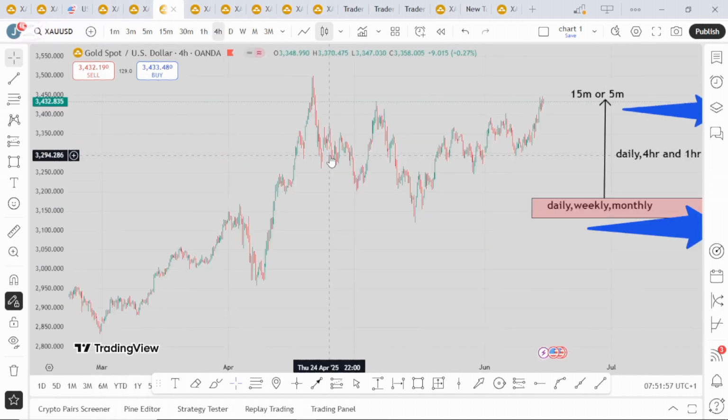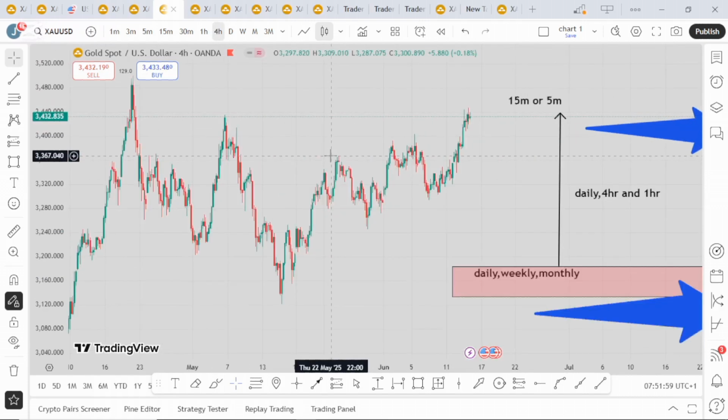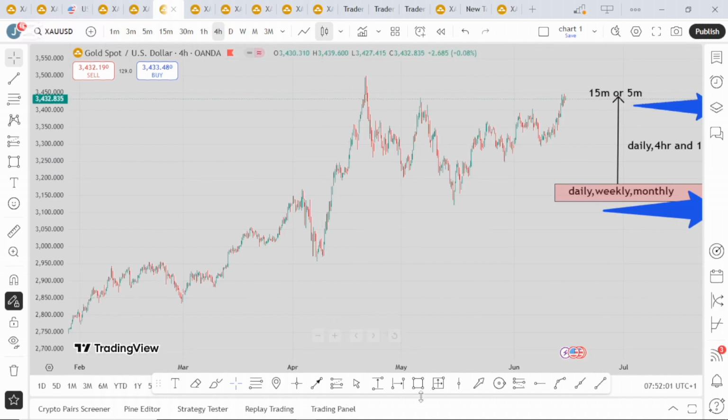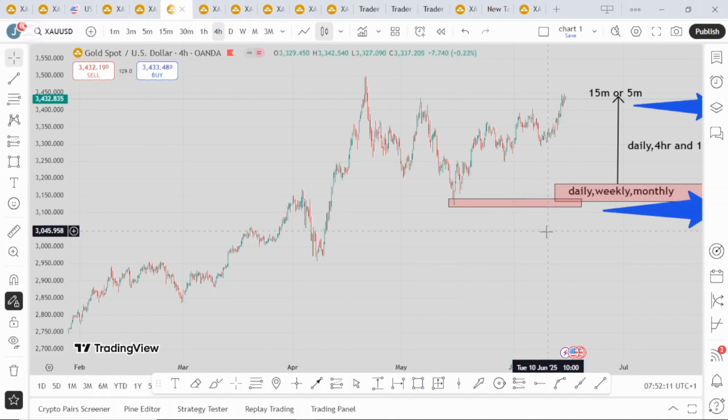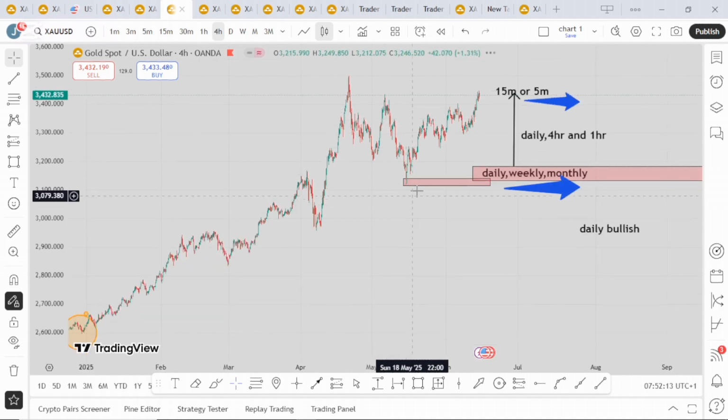Now in the 4 hours, I got rid of this. Let me keep this zone, because this is the only zone where, once we see price break through this, remember we said there is a shift of structure here. So now this is our daily zone.